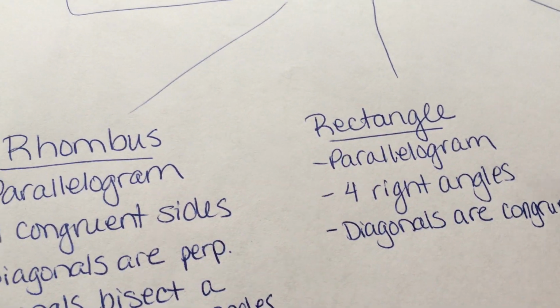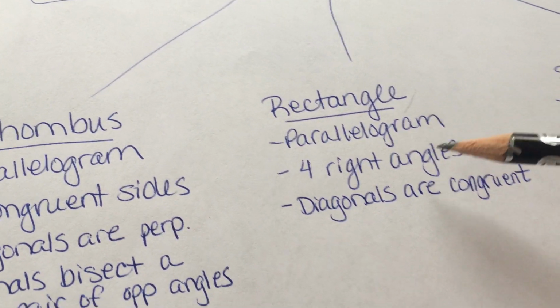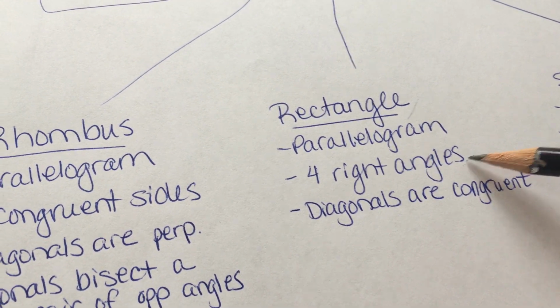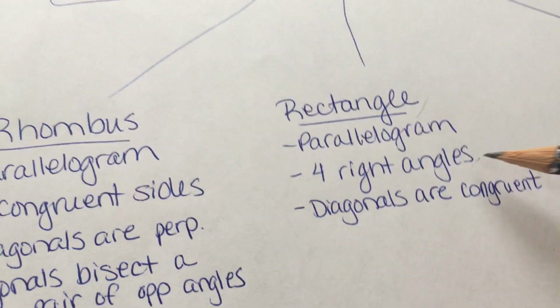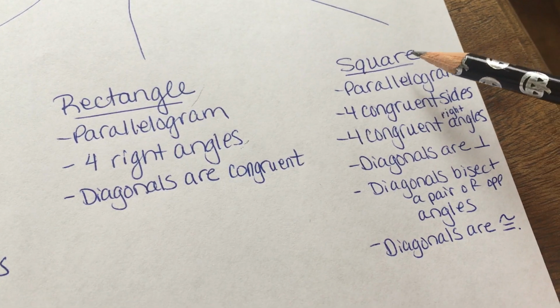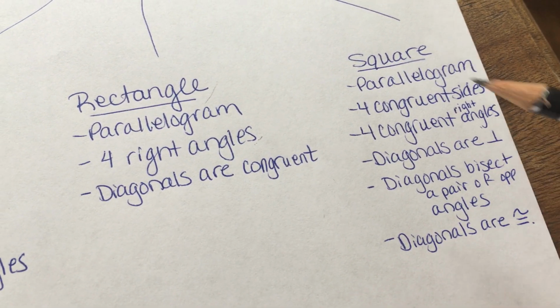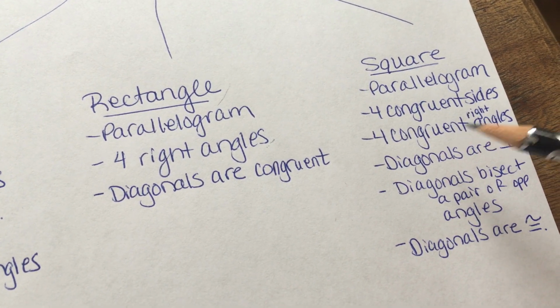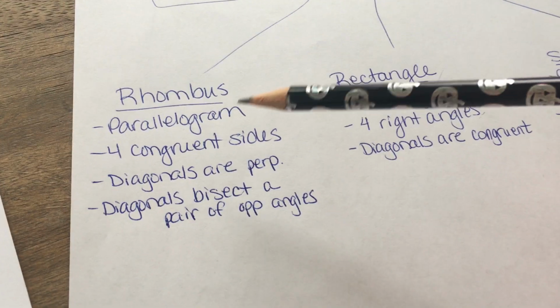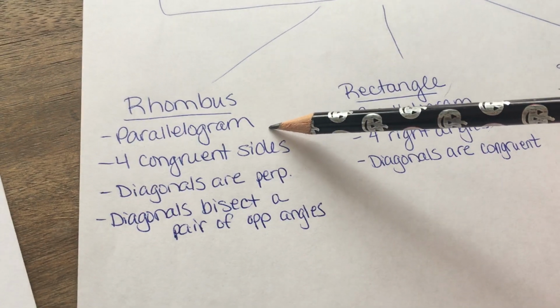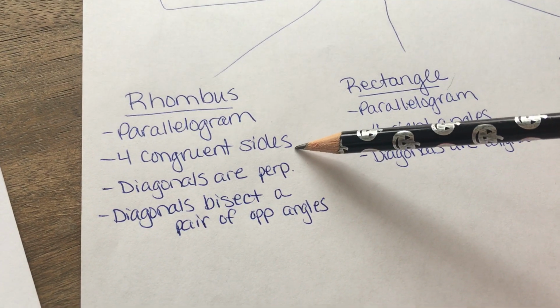Okay, so let me go back to this chart. I can rule out that it's a rectangle because a rectangle has to have 4 right angles. So I know it's not a rectangle. And I can rule out that it's a square because a square also has to have 4 right angles. So I know it's not a rectangle or a square. It could be a rhombus. We know it's a parallelogram. We don't know if it has 4 congruent sides.